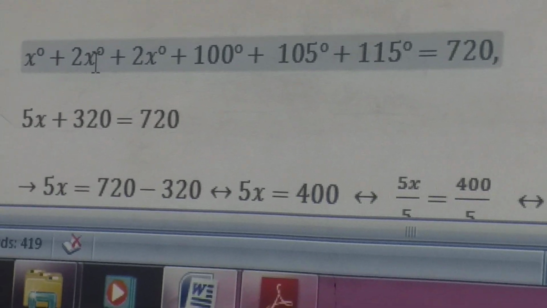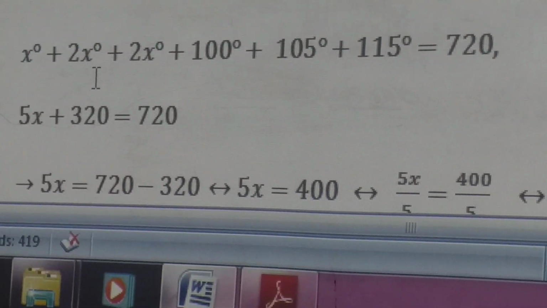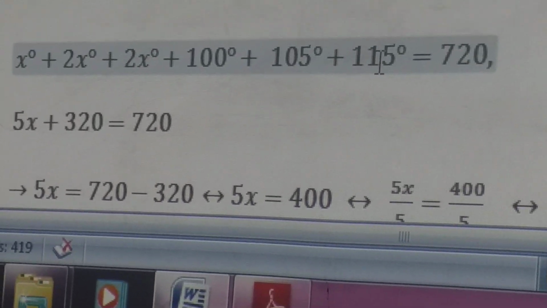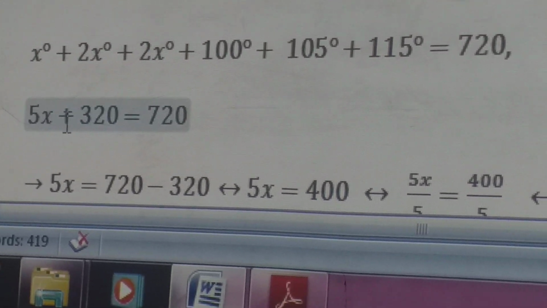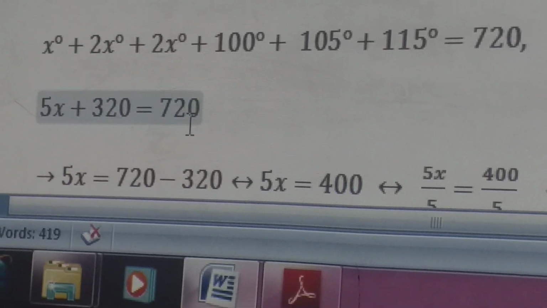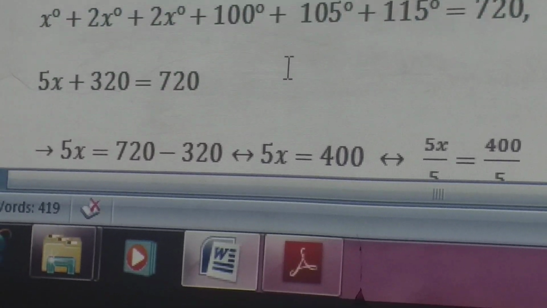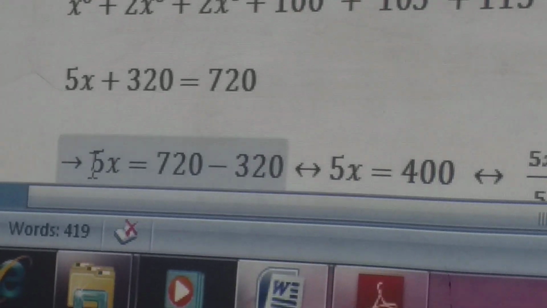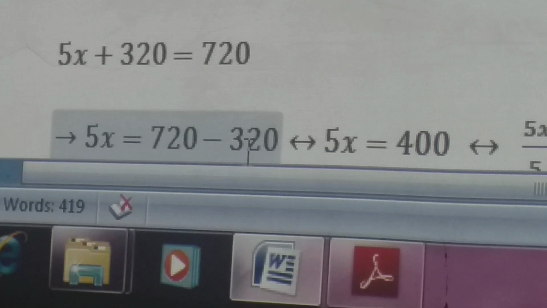So we simplify this side to get x plus 2x plus 2x plus 100 plus 105 plus 115, which gives us 5x plus 320, which is equal to 720. And we take 320 to the other side of the equal sign, so that we are left with 5x equal to 720 minus 320.